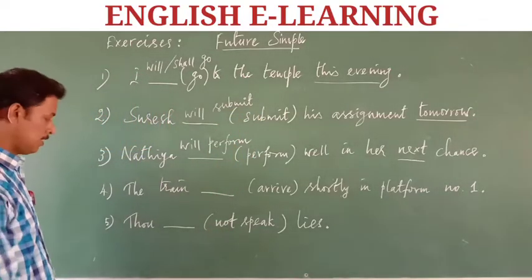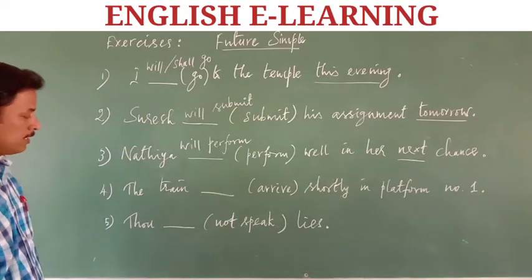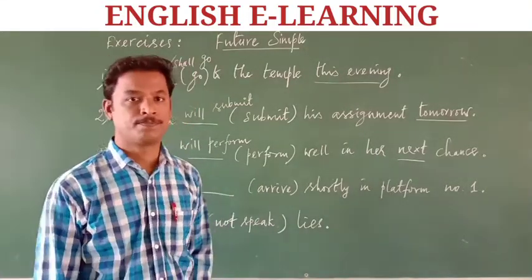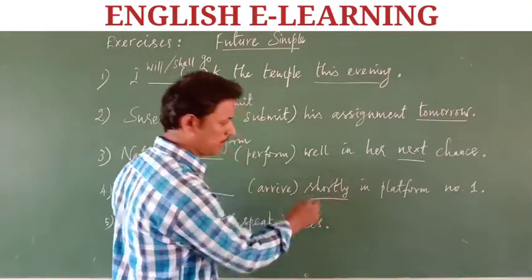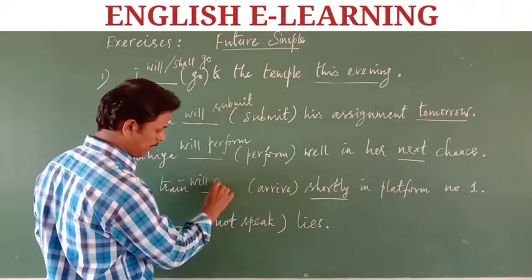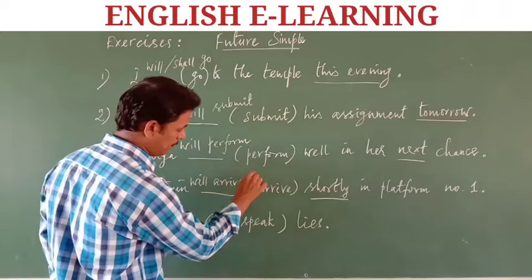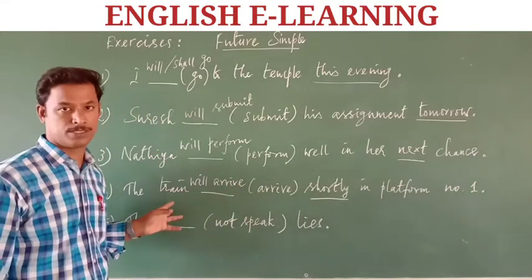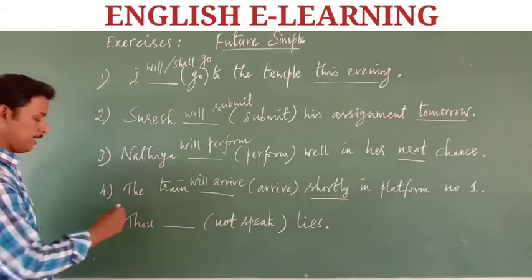Right. And then fourth sentence. The train dash shortly in platform number 1. The keyword is shortly. So the answer is will arrive. You need not use shall for these subjects. Okay, right.